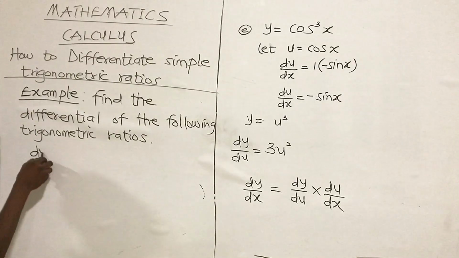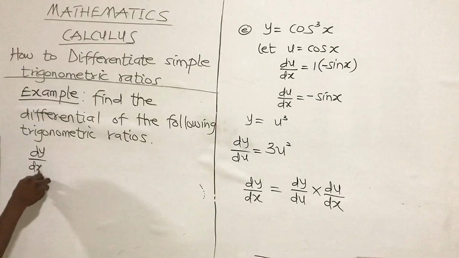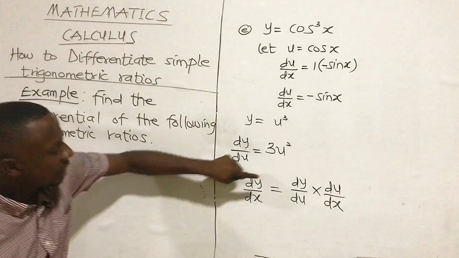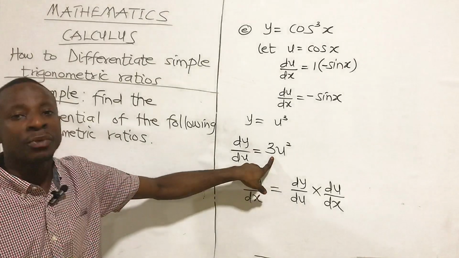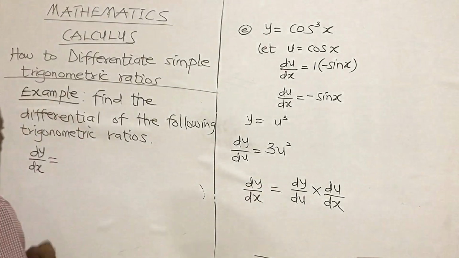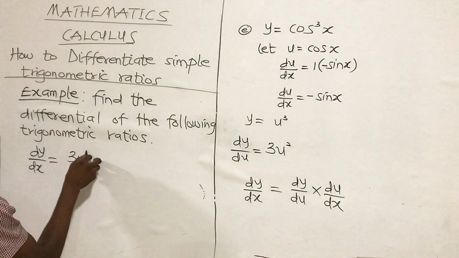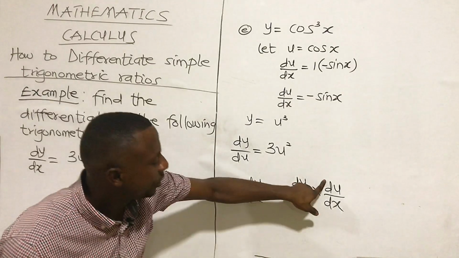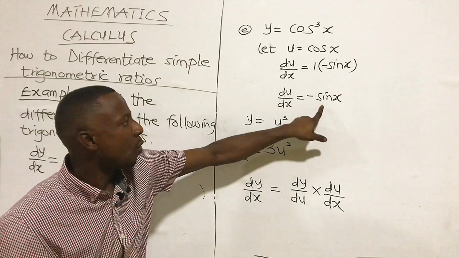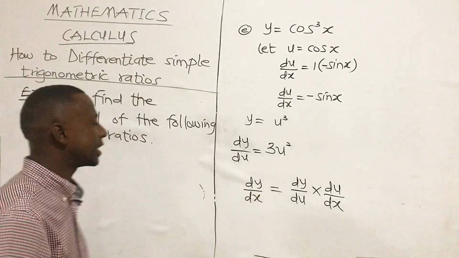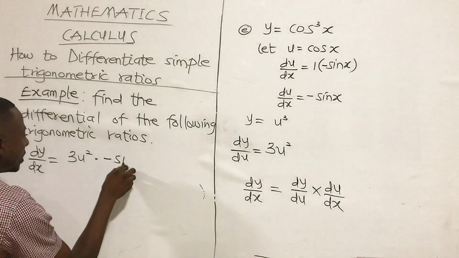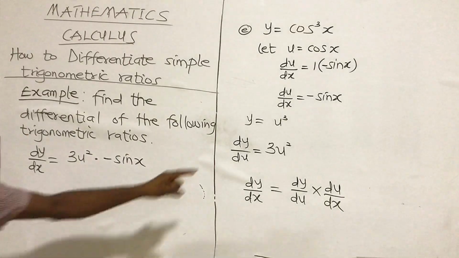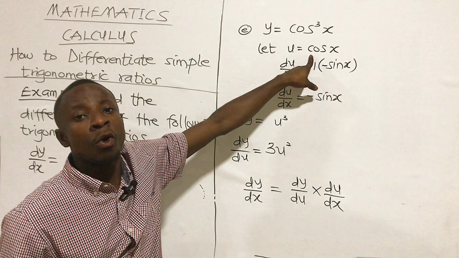So dy over dx is equal to, now we have dy over du to be 3u squared, multiplying du over dx, we had negative sine x. So minus sine x. But we said that let u be cos x.